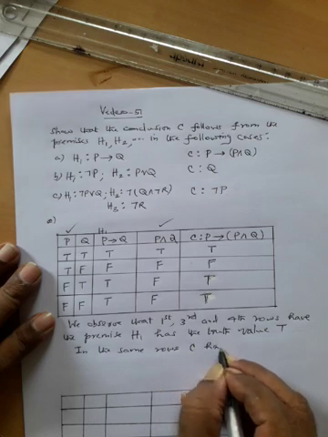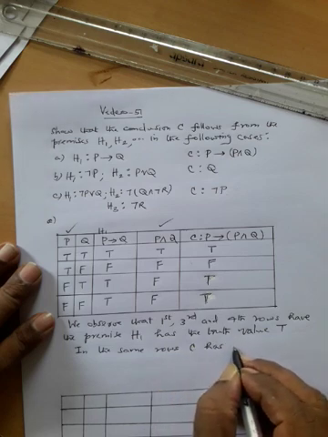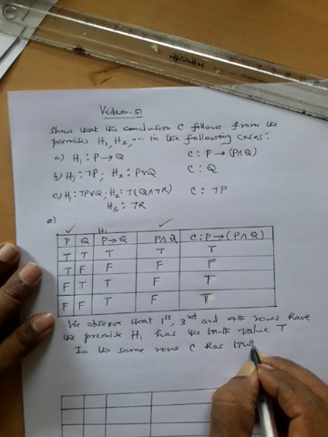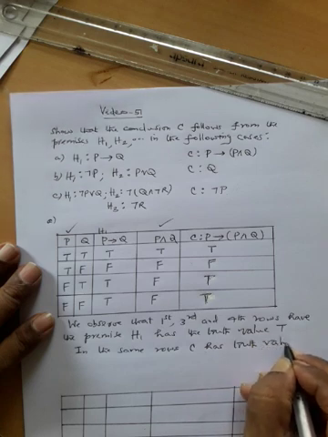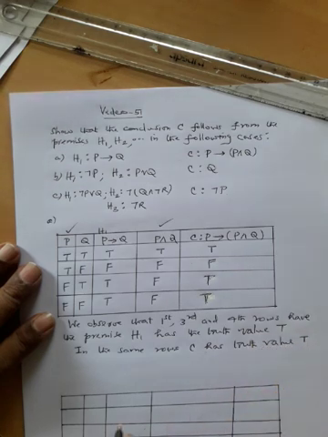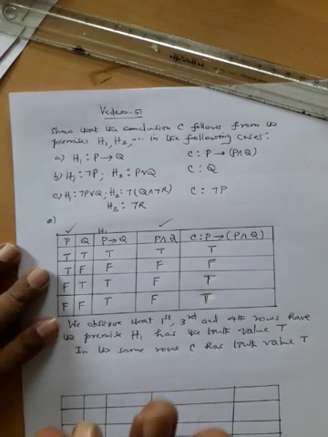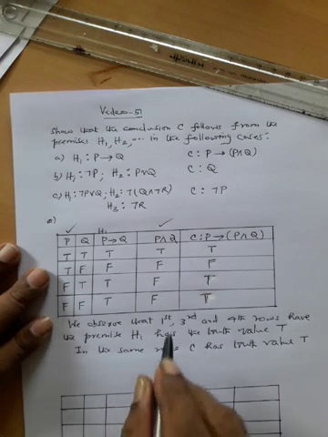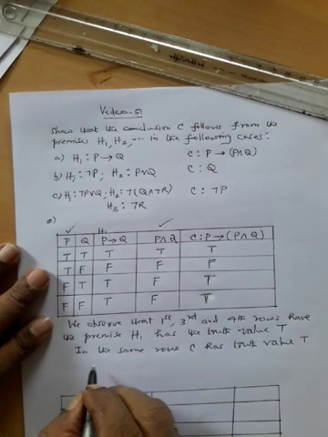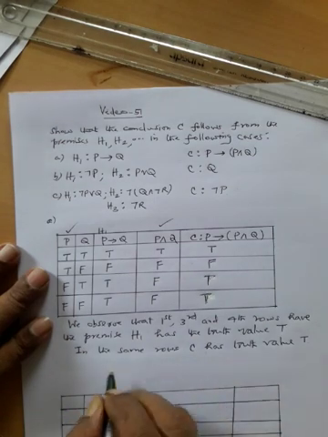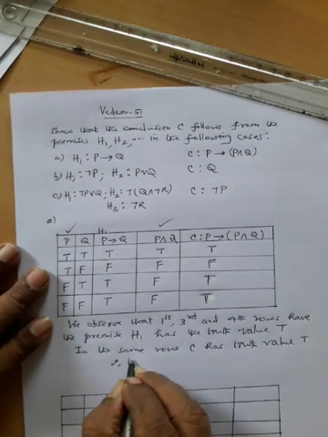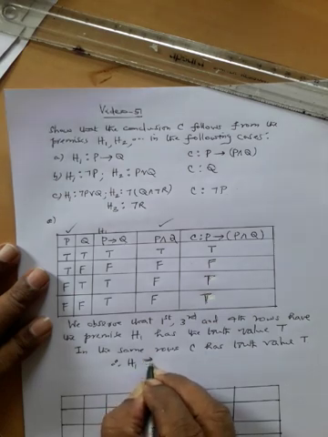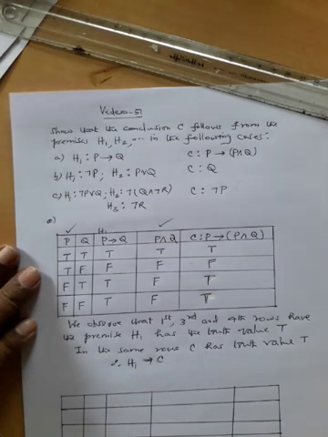The rows in which H1 has truth value T, C also has the truth value T in the same rows. Therefore H1 implies the conclusion C.